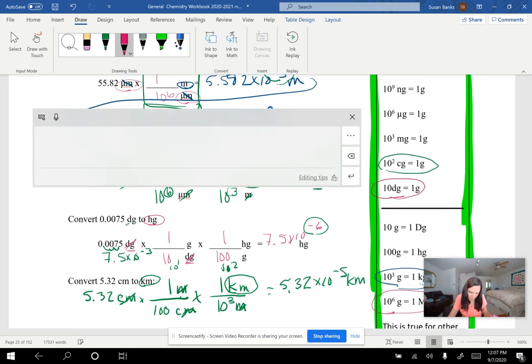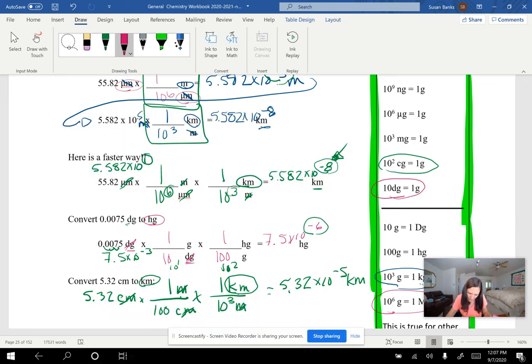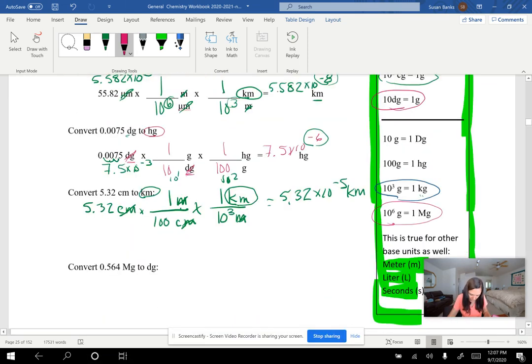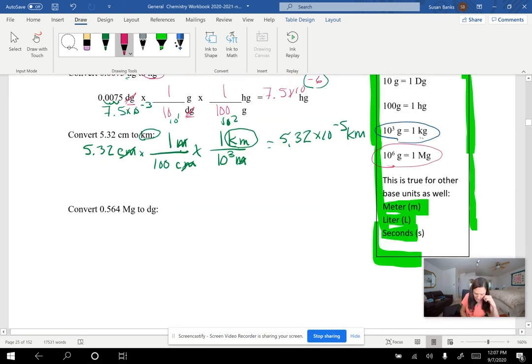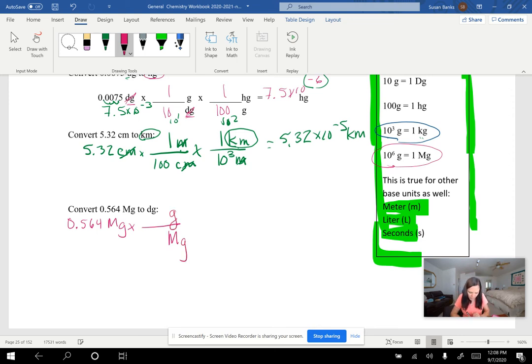Okay, so let's look at this. Let's start with the unit and number that we're given, 0.564 megagram. I want that megagram to cancel. So on my next step, I want megagram to be on the bottom because megagram is on the top in that first step. And I want gram to be here.